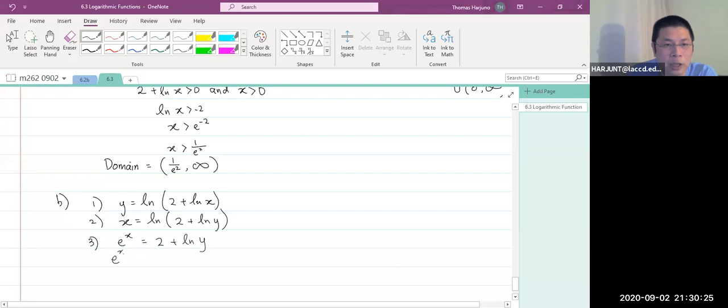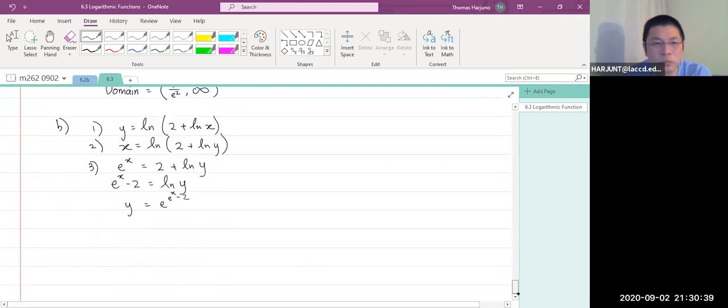E to the x minus 2 equals ln y. So y equals e to the x minus 2. So f inverse of x is e to the x minus 2.